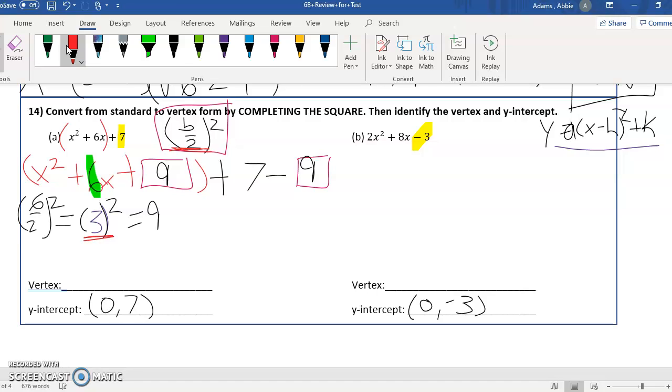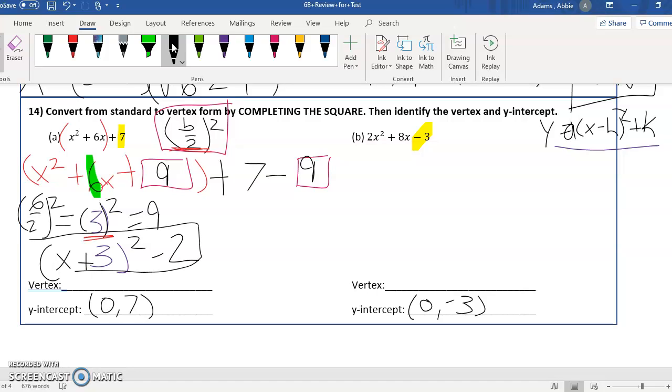I'm going to use that 3 inside my parentheses now. So I'm going to have (x plus 3) squared. Then on the outside, I'm going to have 7 minus 9, which simplifies to -2. So that is our new vertex form, okay?